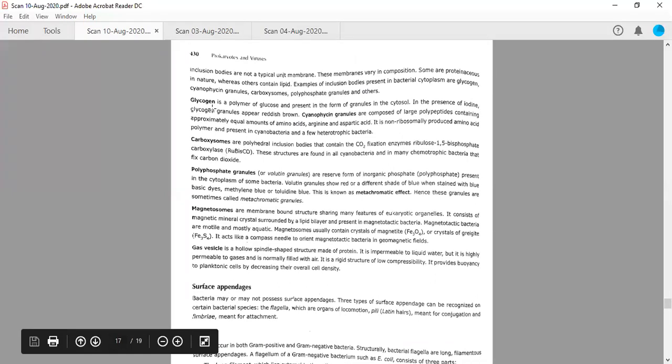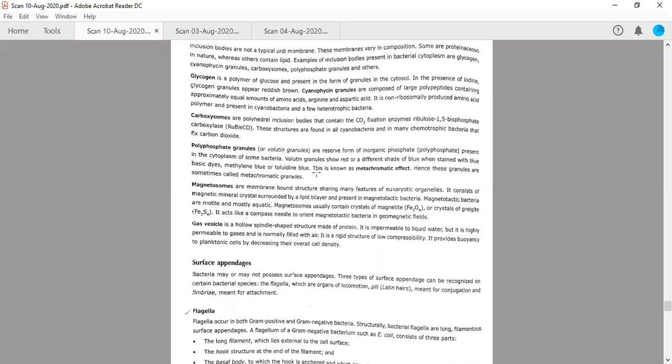Yes, I missed this portion, so I will come to these stored granules. For example, magnetosomes we have discussed. We need to discuss gas vesicles, polyphosphate granules, carboxysomes, and glycogen or some PHB granules, for example. This portion we will discuss in a little while.